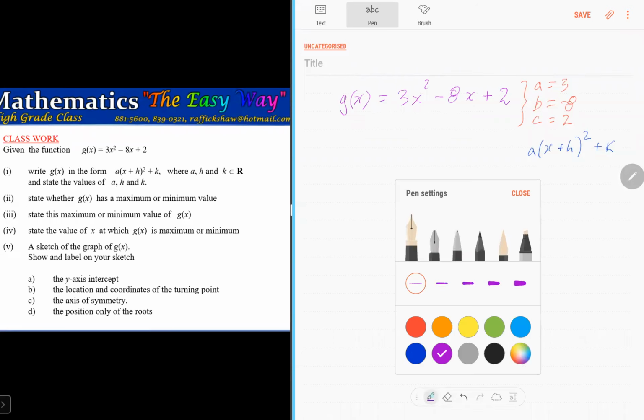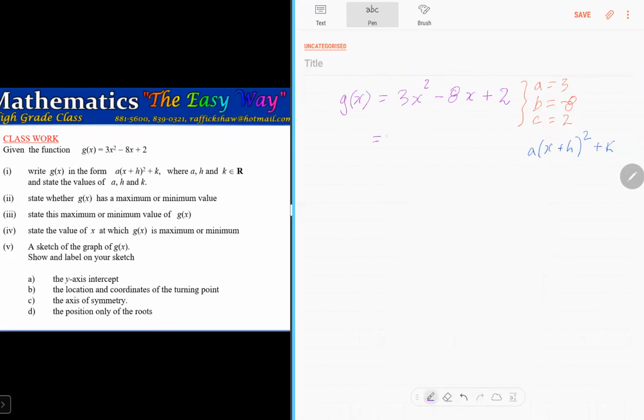But our method is to write it as a(x - xt)² + yt, even though they have a plus, we are using a minus. xt is the x value at the turning point, and yt is the y value at the turning point. So we're going to be using this. Our objective is to find the value of xt and the value of yt, because we know the a value already is 3.